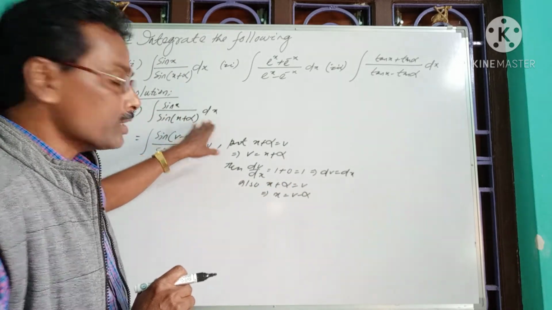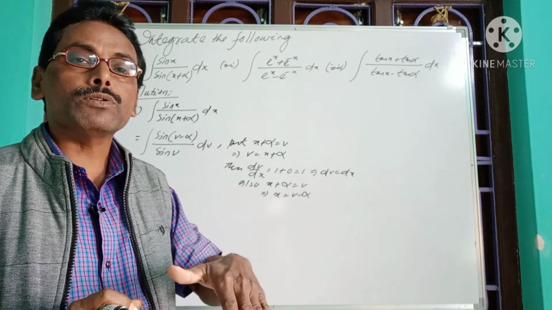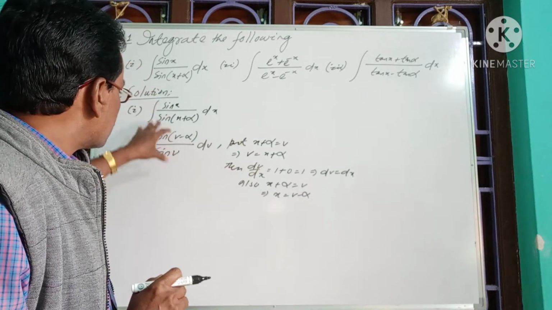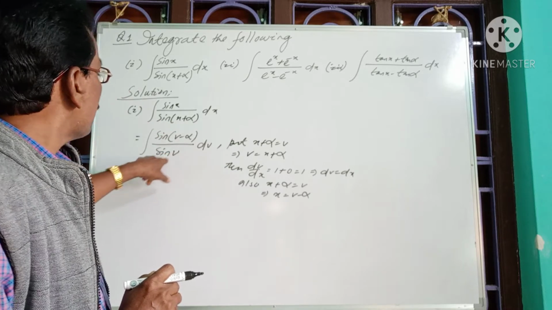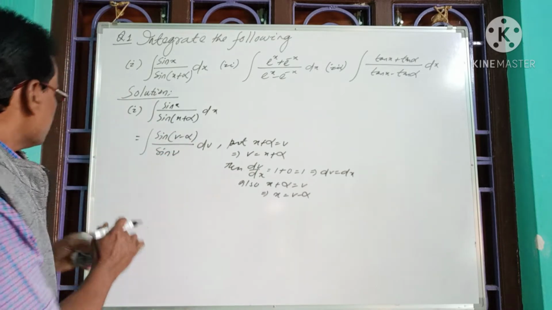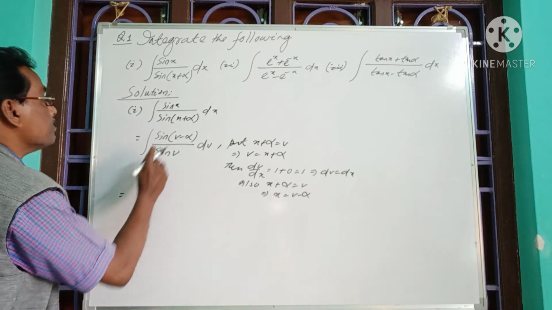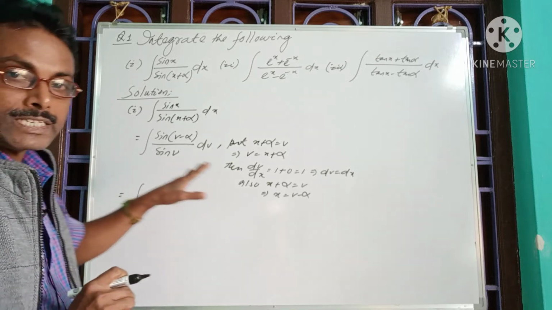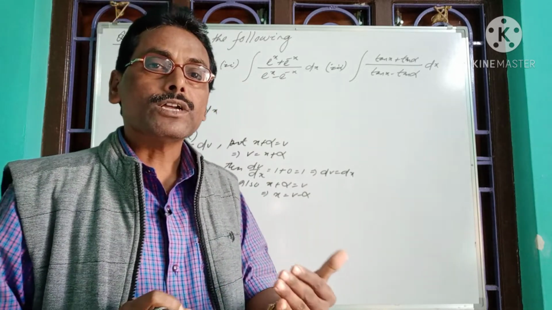Now see, the original integrand was a function of x which was not integrable. After substitution, we transformed the integrand into sin of (v minus alpha) by sin v with respect to v. Now let us simplify the given integrand. Sin of v minus alpha is in the form of sin of (a minus b), where sin of (a minus b) is equal to sin a cos b minus cos a sin b.